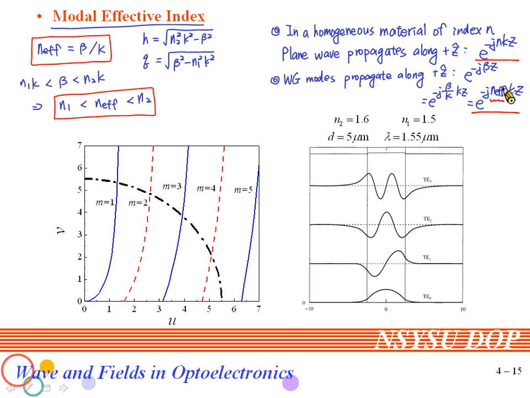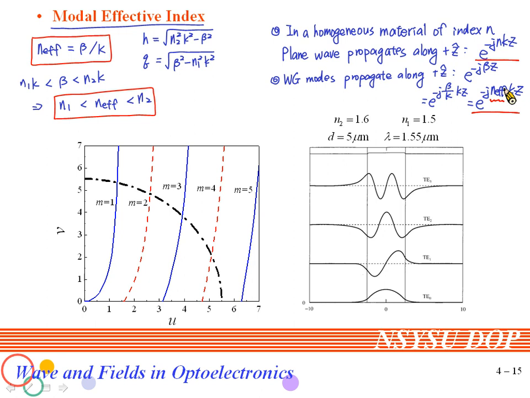So the NEFF means that even though the waveguide is formed by two materials, n2 and n1, as the waveguide modes propagate along the waveguide, they will feel the average index of this structure, and the average index will depend on the field distribution of this waveguide mode. So this waveguide mode will feel an effective index of the total structure.